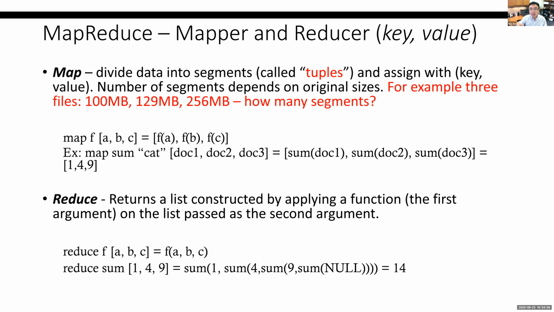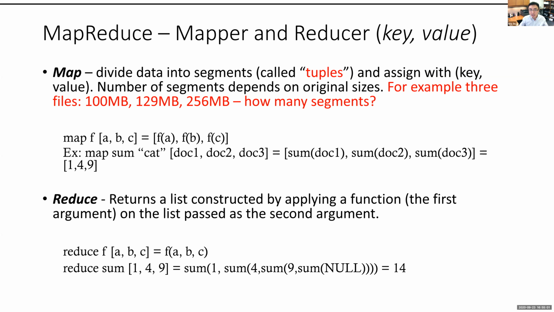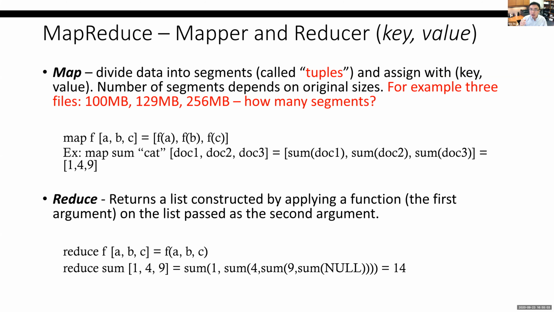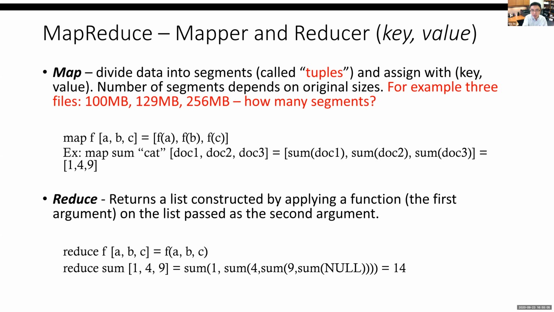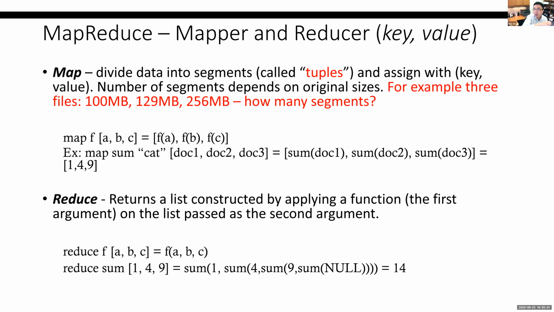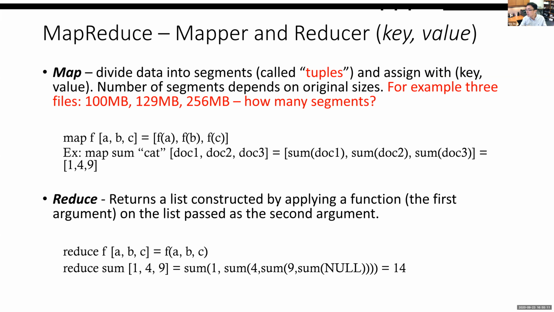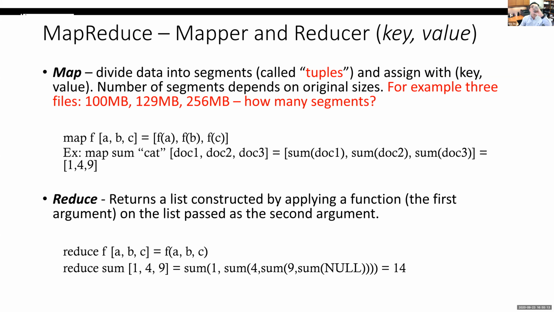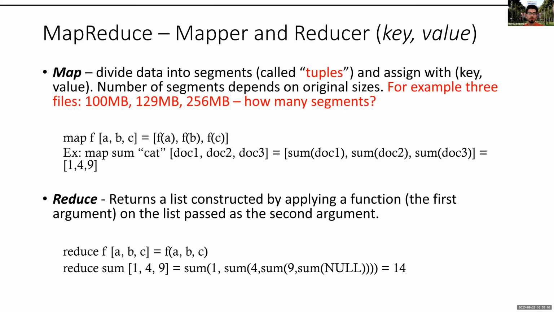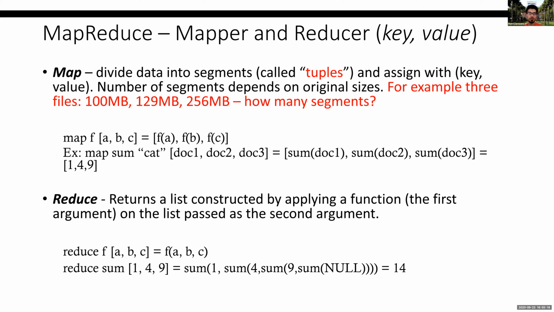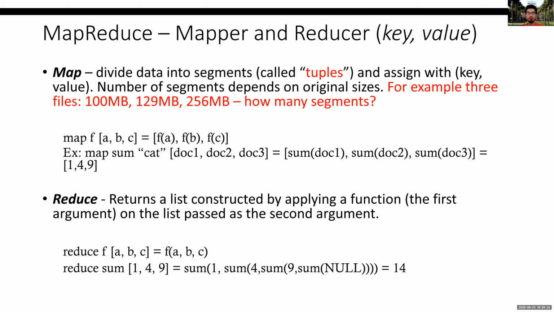Now the mapping will cut them based on the size. Quick question, how many segments will we have from the 3 uploaded files here? Maybe it depends on the information that we put in the system. So we can do it like 2 segments or 3 segments.